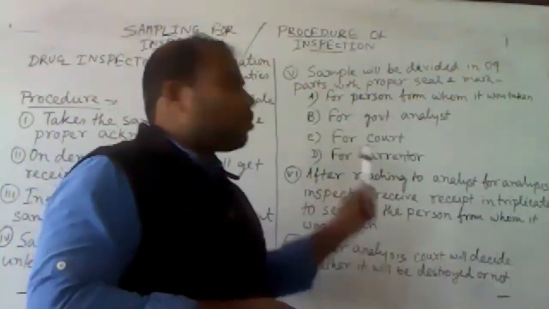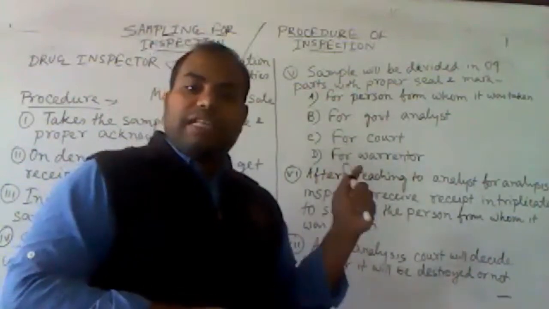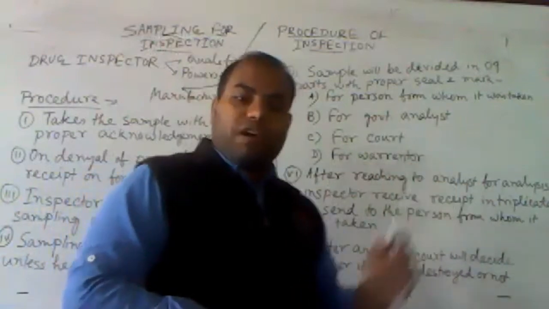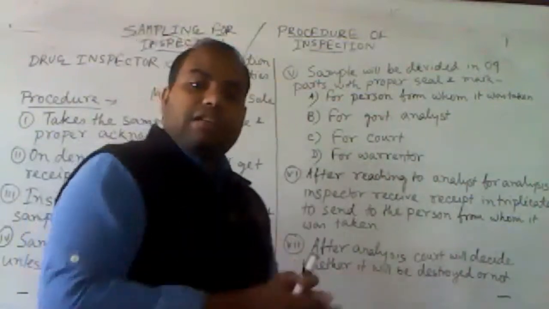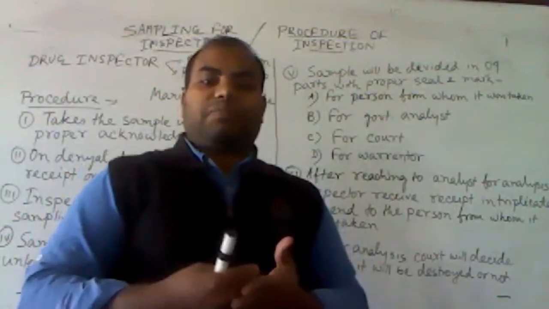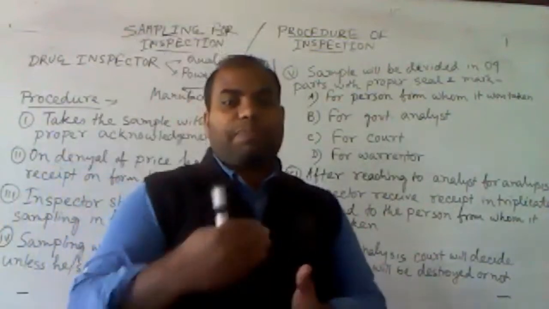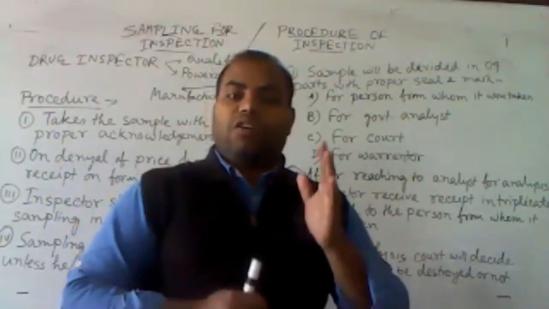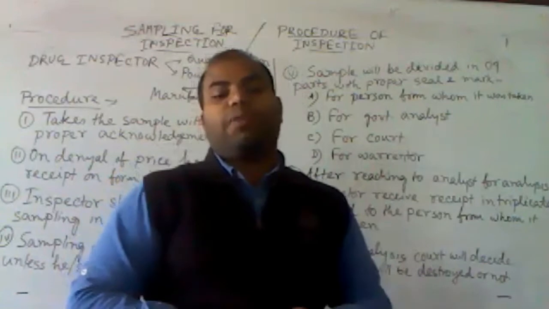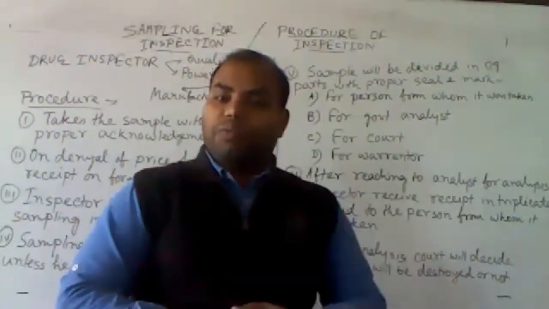But if there is a warrantor of this sales area or manufacturing area, then the fourth portion will be sent to the warrantor. But the sampling procedure, or receiving from the person of sales or manufacturing, or receiving by the government analyst and the court, all of it will have paperwork.